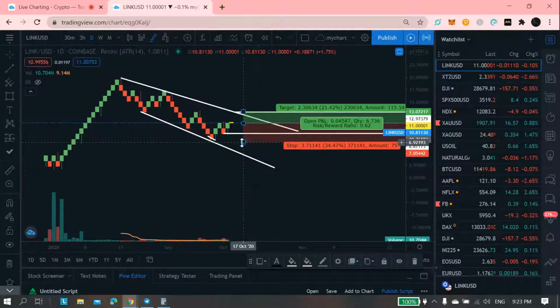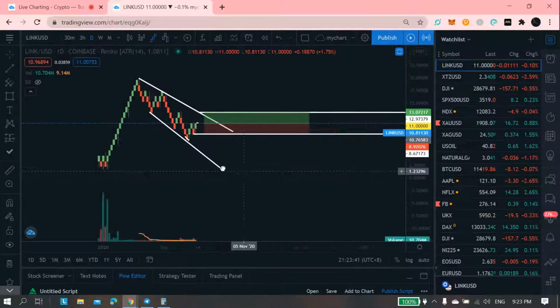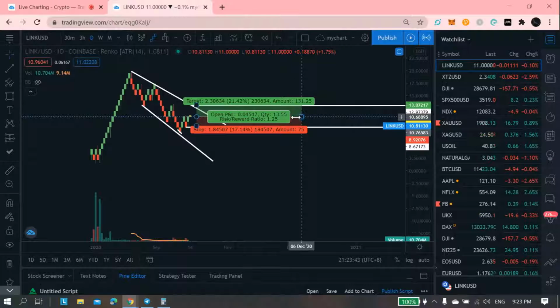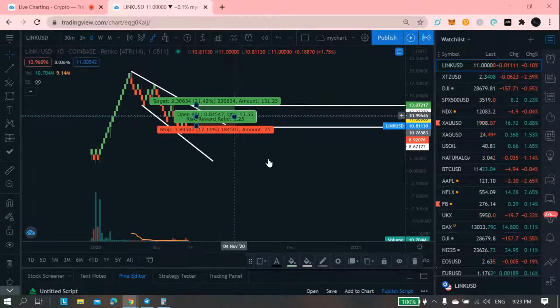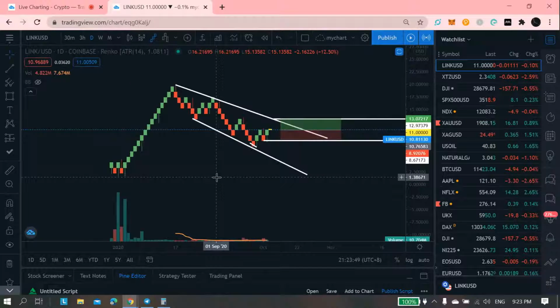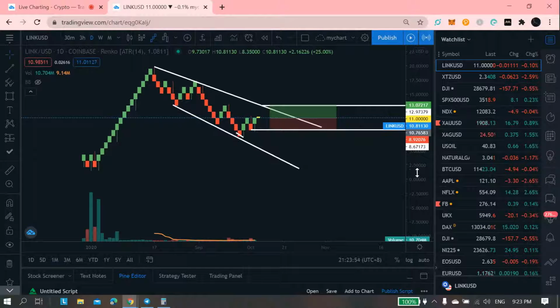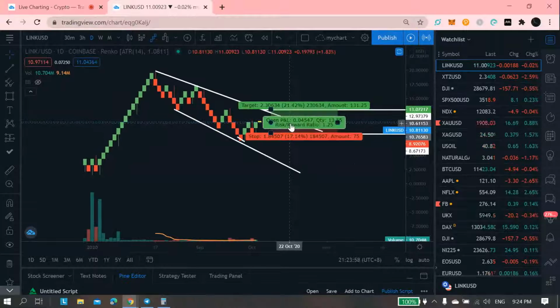Anyway, I'm trading futures, perpetual and time-based futures, mostly 6 months. I also trade spot. So the risk reward ratio is 1.25.